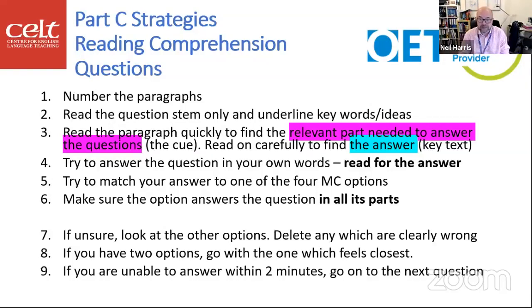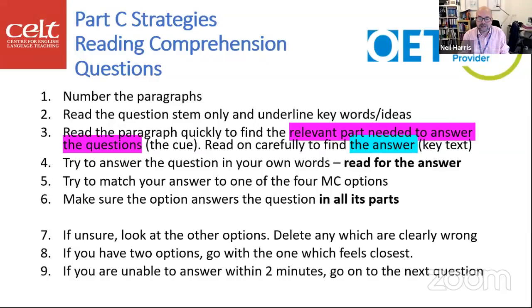And then what you need to do is just go to the paragraph, and you'll see in the question design, it often says what in the first, the second, the third paragraph, in order to find the relevant part needed to answer the questions. Then move on when you found, using those keywords or key ideas that you've underlined in the stem, read around that to look for the answer.